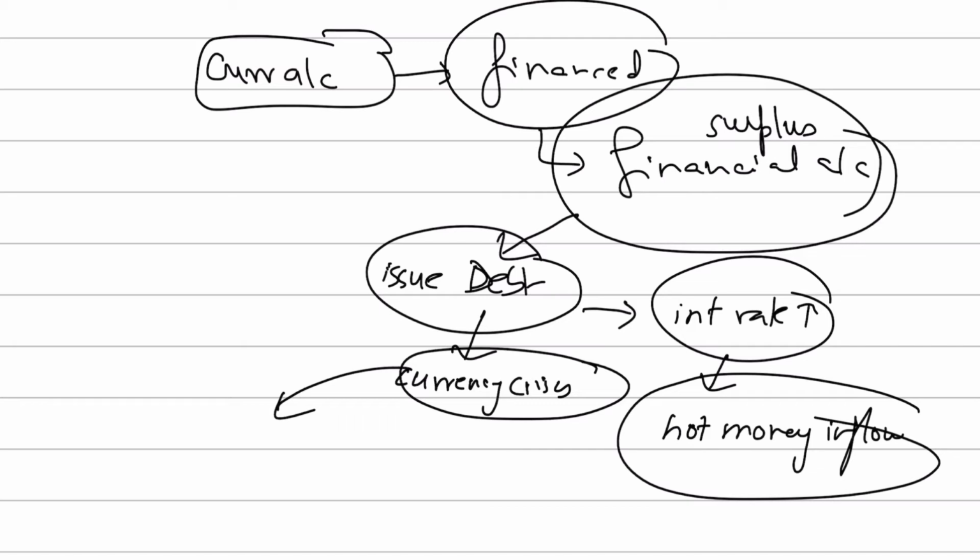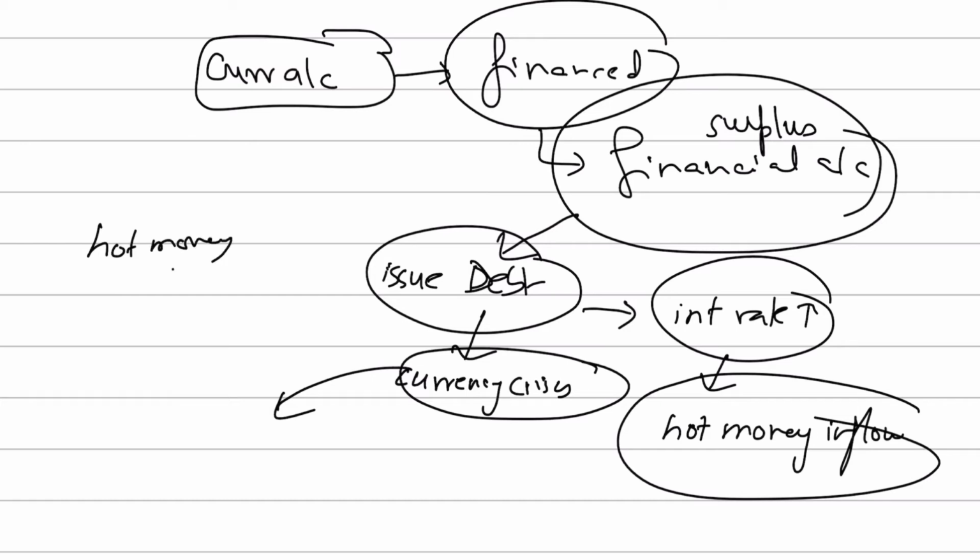Ultimately the foreign investors would say, we don't want to buy any more debt, we don't want to invest in your country, we don't want any further hot money inflows in your country. In fact, whatever hot money inflows they have made, they would move that money out of the country, so it would result in hot money outflows.